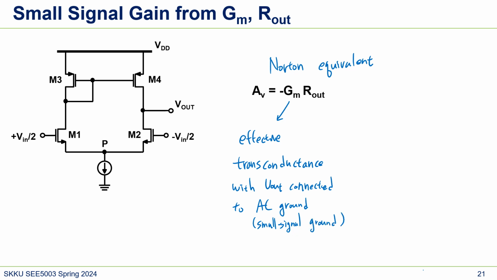That's the large Gm, and Rout is the resistance at Vout with input at small signal ground.